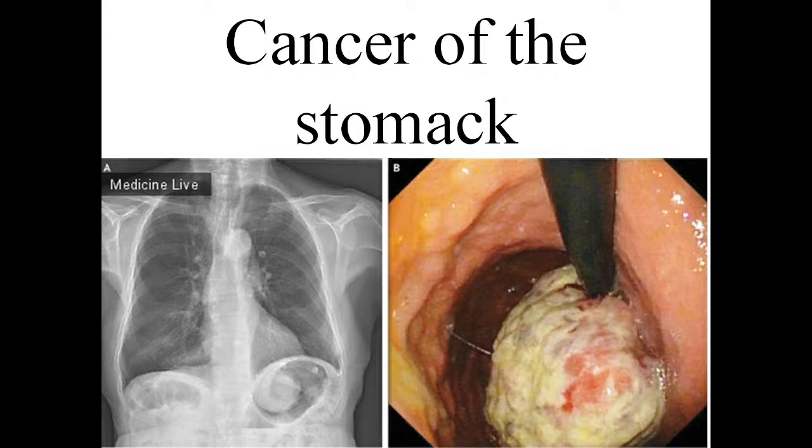It's the best method of examining the esophagus, stomach, and intestine. And in these pictures you can see the cancer of the stomach. It's a very large cancer, a very large tumor. And this tumor needs surgery. All malignant tumors need surgery.